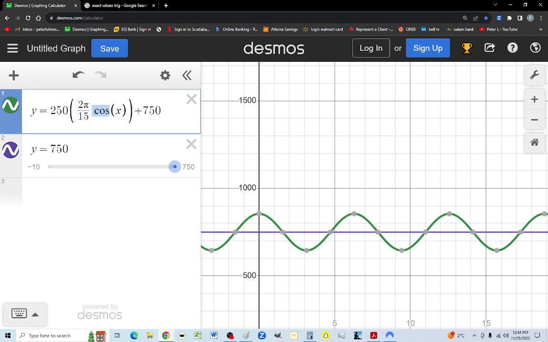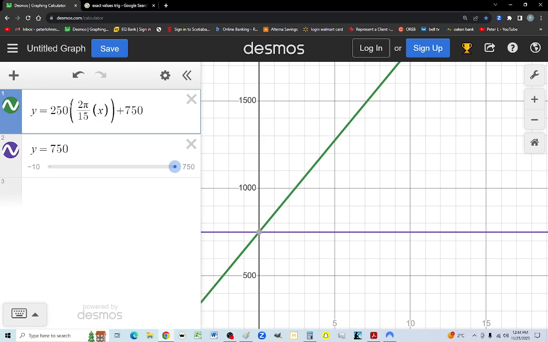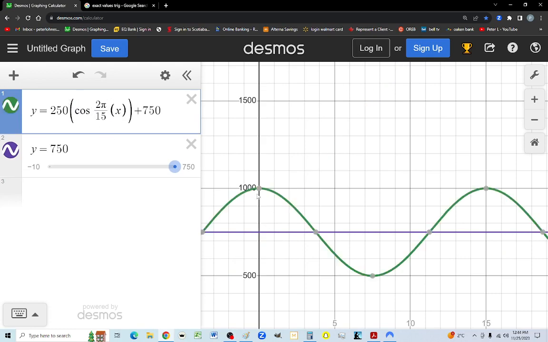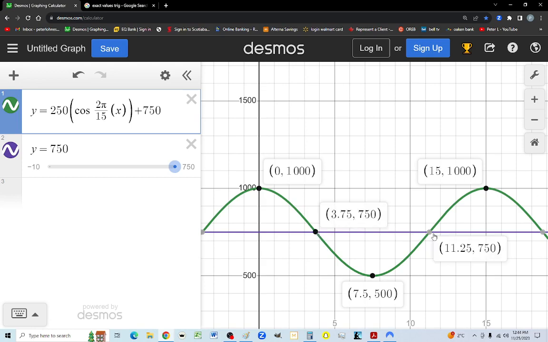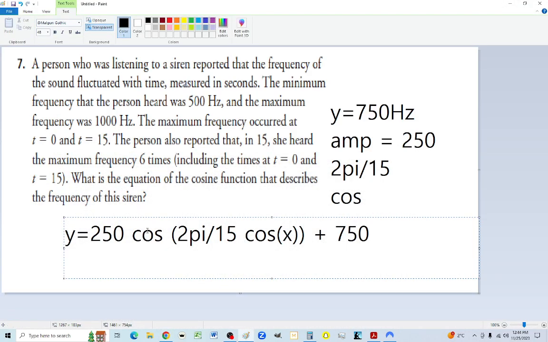Oh, sorry. There we go. So we can see it goes from peak to peak in 15 seconds, goes to the minimum at 7.5, and the middle's at 750. Sorry about that. Brain fart. So that's it.